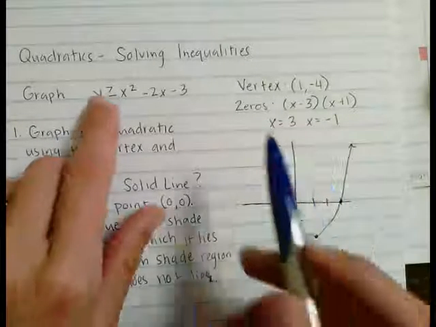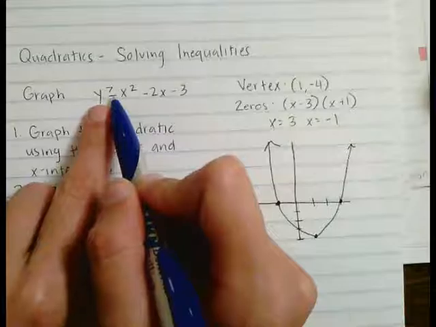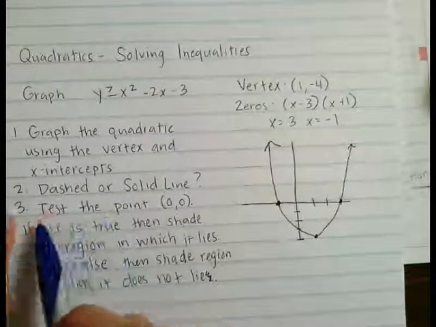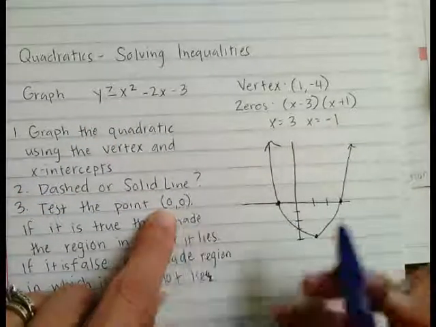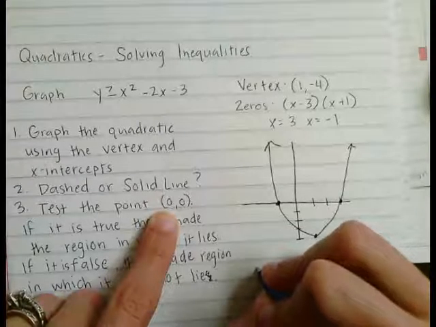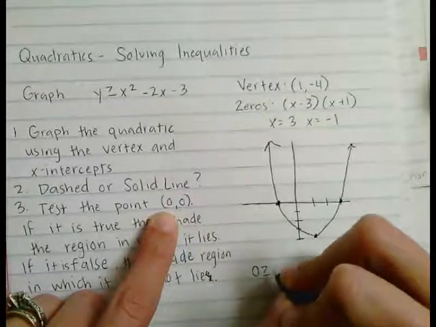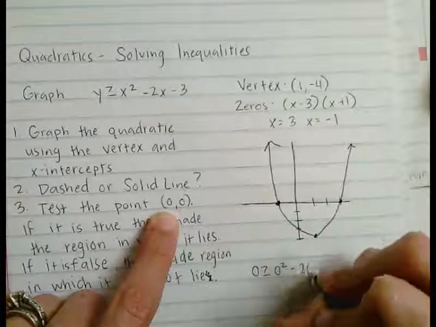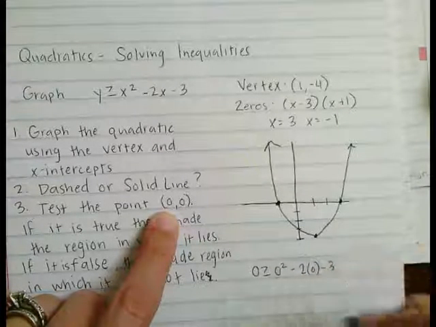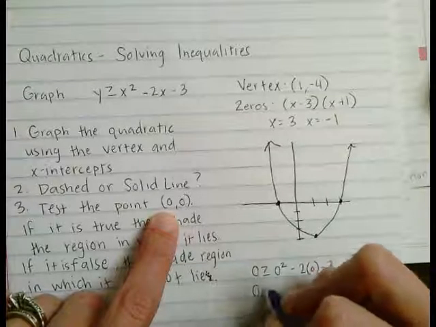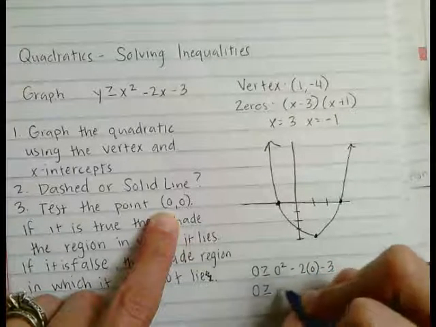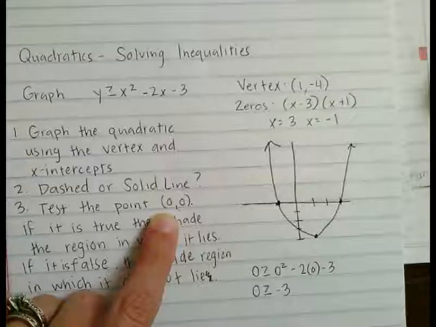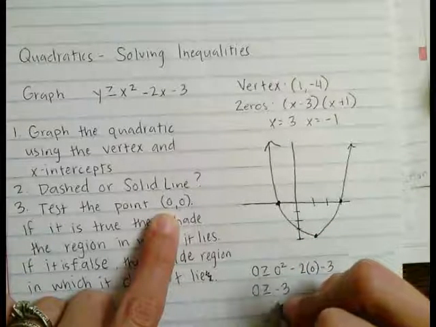Whenever we've decided that it is solid because it is equal to, and then you need to test the point (0, 0). So you're going to say 0 is greater than or equal to 0 squared minus 2 times 0 minus 3. And then you're going to end up with 0 is greater than or equal to -3. So that is true.